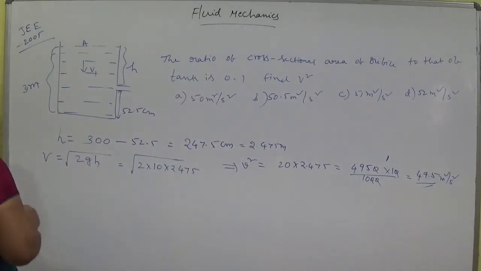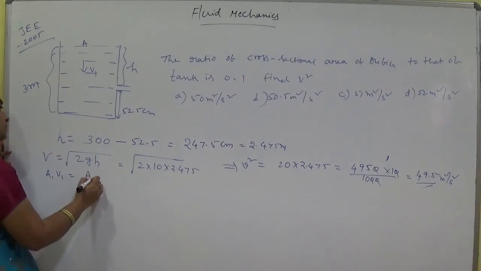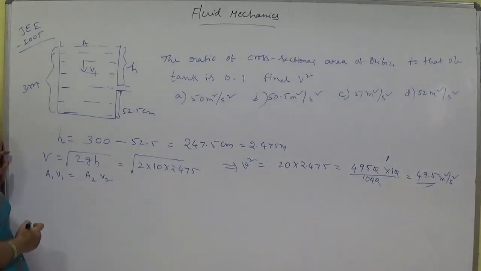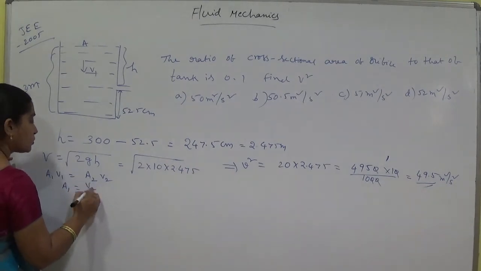Next, principle of continuity: A1 V1 is equal to A2 V2. A1 by A2 is equal to V2 by V1.